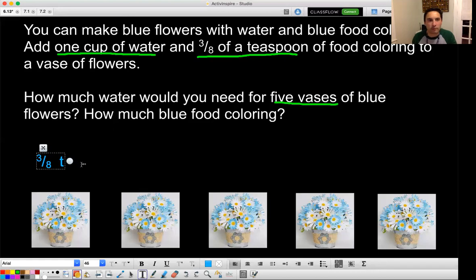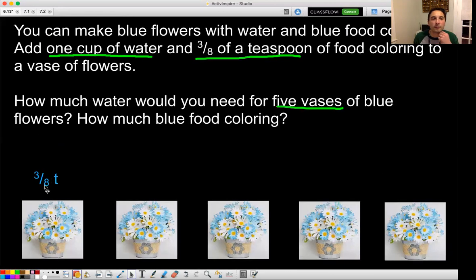Right, 3/8 teaspoon of food coloring. Okay, I'm just gonna leave that off right now just so we can get this a little quicker.